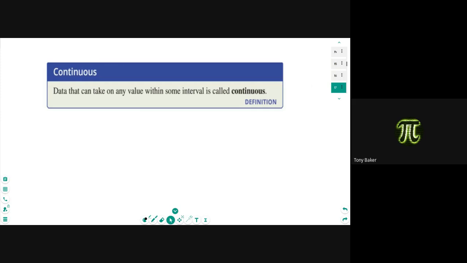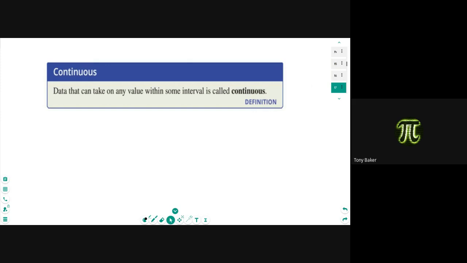So if we're thinking about temperature, 95, 96, 97 degrees. Between 95 and 96, there are values, and to get from 95 to 96, you have to go through every other value. To get from 5 books to 6 books, you don't have to go through all the values in between. So books would be discrete, where temperature would be continuous.